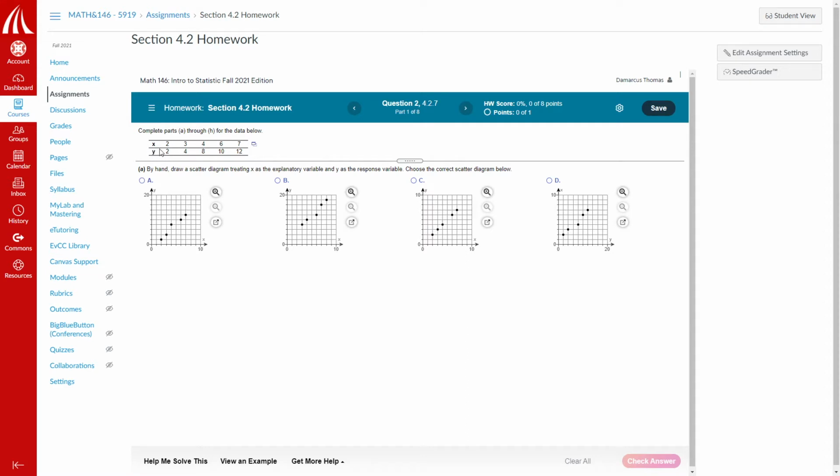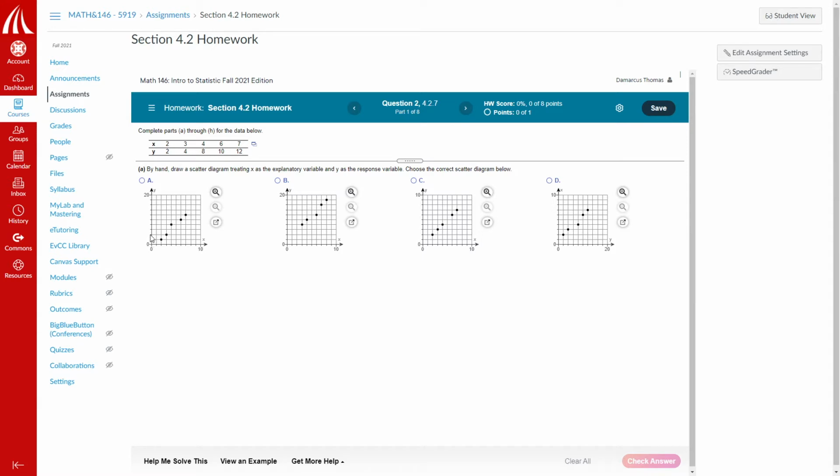We have the X and Y. It says by hand draw a scatter plot treating the X as the explanatory variable and Y as the response variable. So X is on the horizontal axis, Y is on the vertical. And it looks like every unit on the X scale is 1 and every unit on the Y scale is 2.